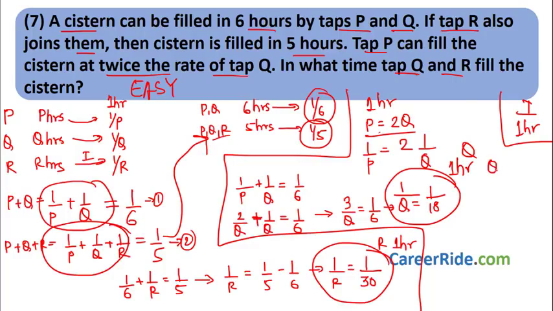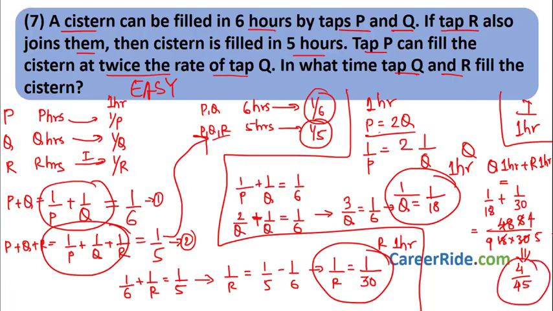So work done by Q in 1 hour plus work done by R in 1 hour. What is the answer for this? 1 by 18 plus 1 by 30. That would be how much? 18 into 30. We will have 30 plus 18, that is 48, right? So 6 8s are 48, 6 5s are 30, and we get 4 upon 45.